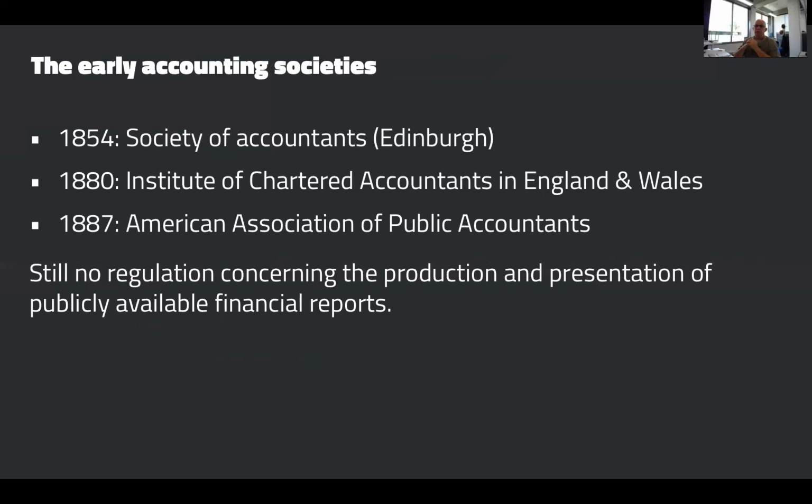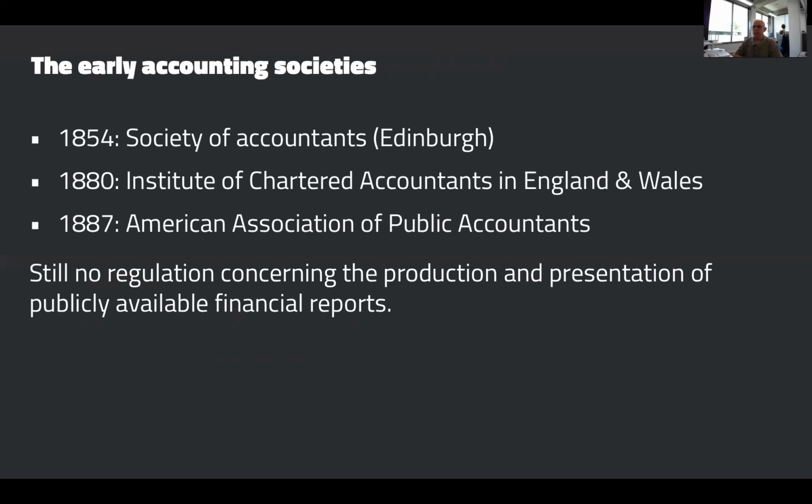around the late 19th century, as a direct result of the Industrial Revolution in both Europe and North America, we have accounting societies starting to be formed, trying to professionalise the process and the practice of accounting for companies. So in 1854, we have the Society of Accountants in Scotland, followed by 1880 by the Institute of Chartered Accountants in England and Wales.